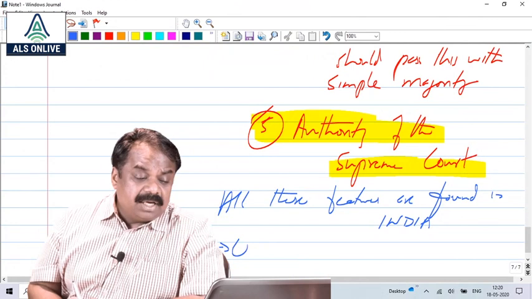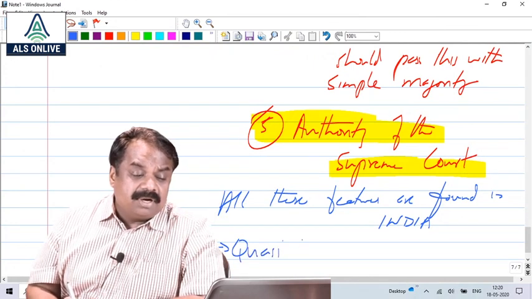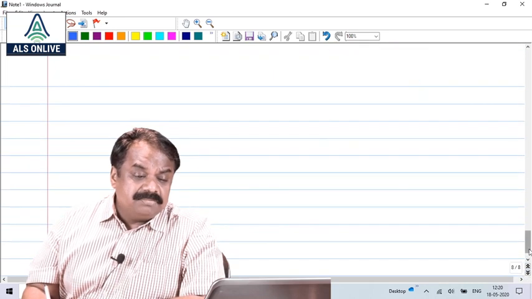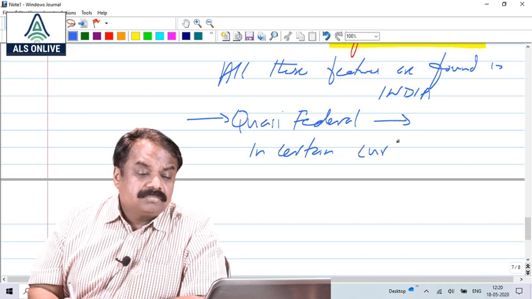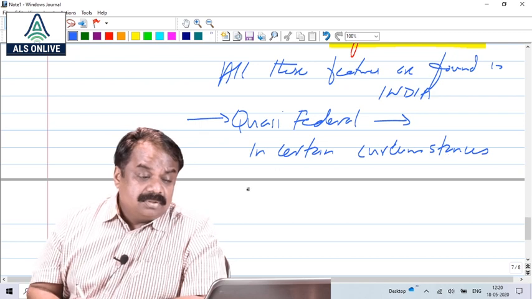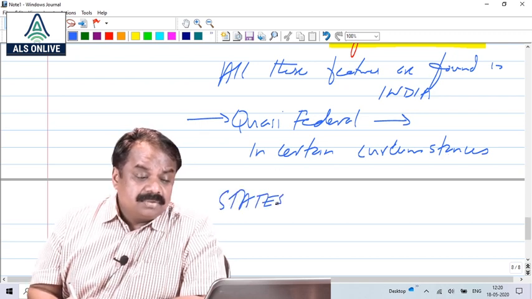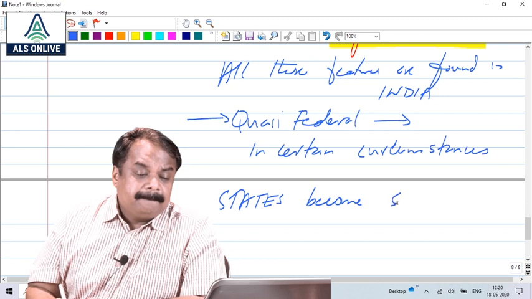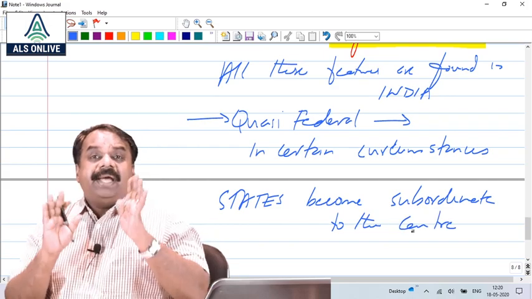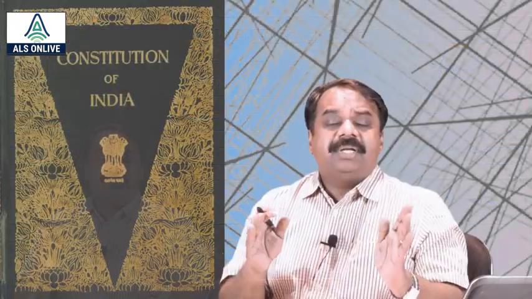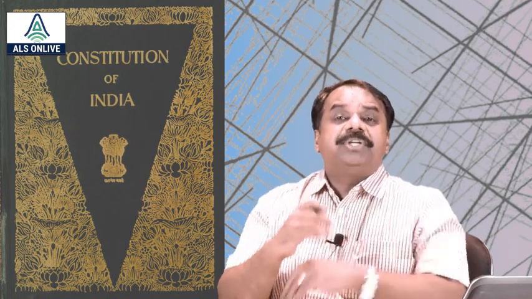So, independent experts call the Indian constitution quasi-federal because in certain circumstances the states become subordinate to the center. That is what violates the federal principle. I will talk about that separately, where all this federal principle is violated.